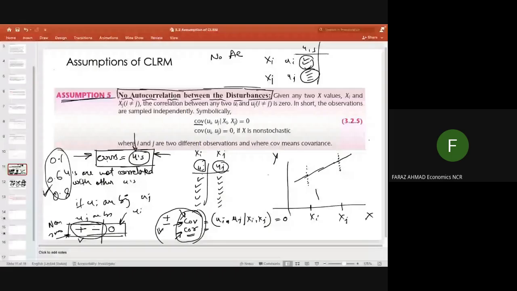These are the two sets of U's. If you write them in two columns and then calculate the covariance, you can do that using a very simple formula.